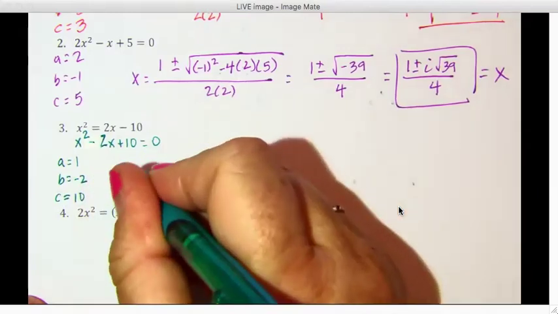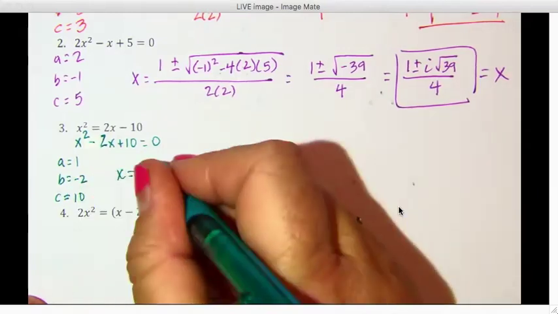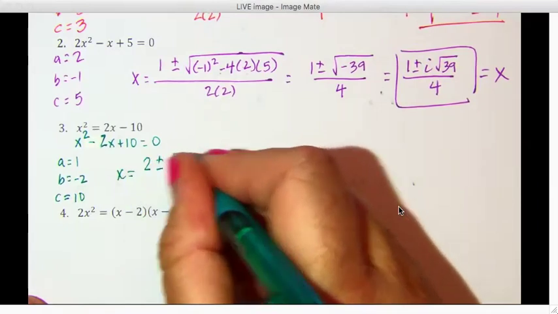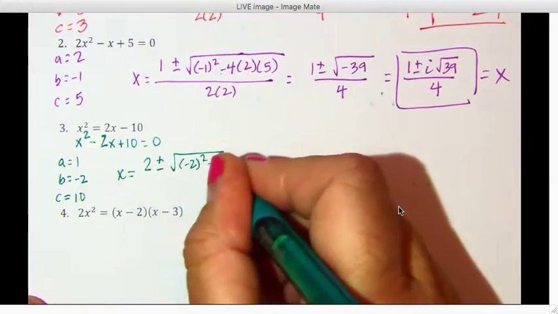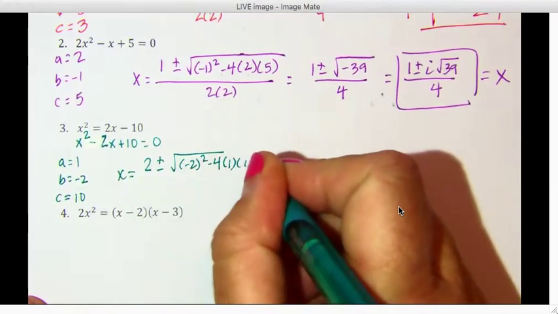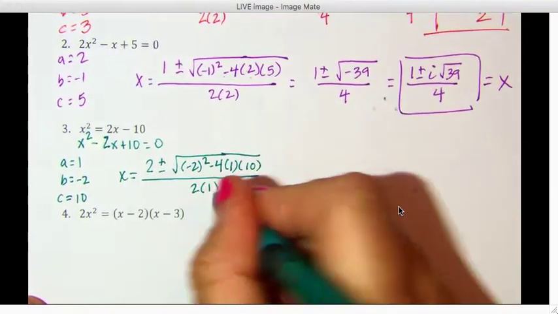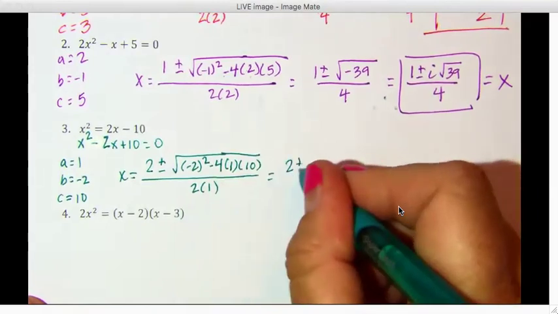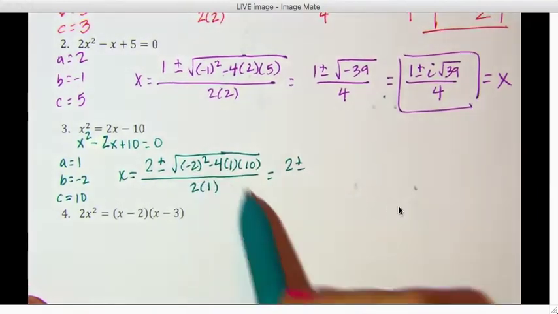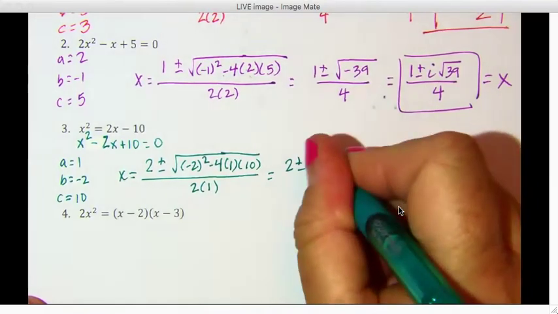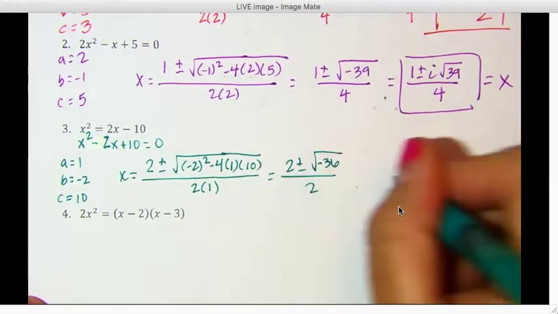And so x is equal to negative times -2 would be +2, plus or minus the square root of -2 squared minus 4 times a times c, all over 2 times a. So 2 plus or minus, and here I have 4 minus 40 is -36, over 2.